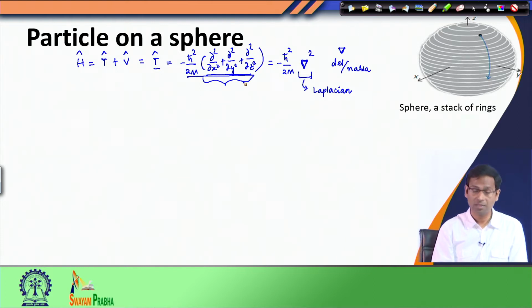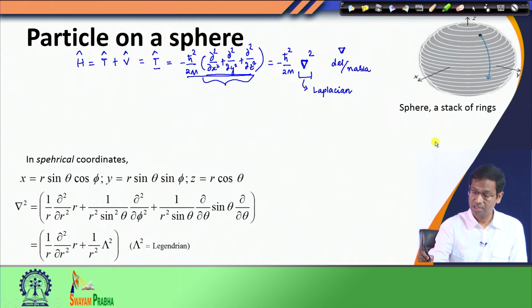Now, we would recall how we defined our spherical coordinates. In spherical coordinates, we had x, y and z defined in terms of the r, theta and phi variables. So, x, y, z are the Cartesian coordinates, and r, theta and phi are the spherical coordinates.